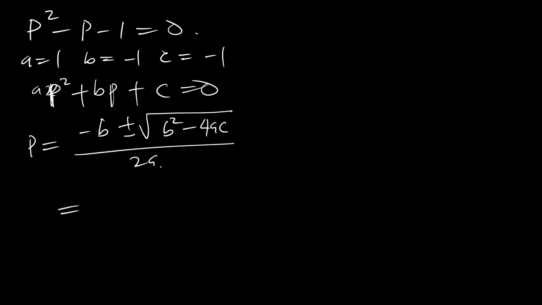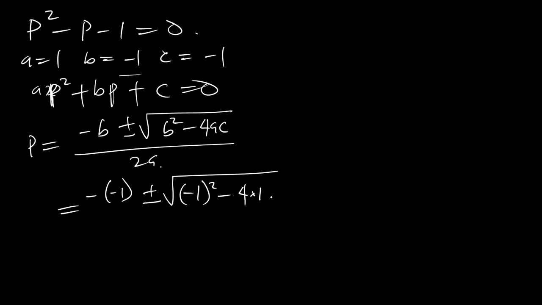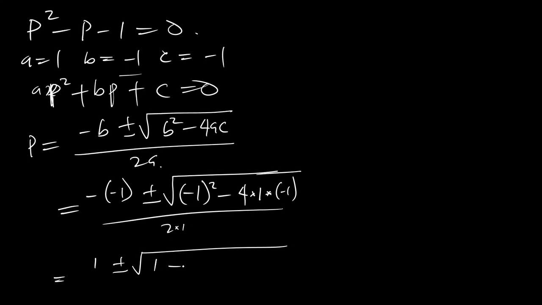So we have b to be minus 1, so you have minus times minus 1 plus or minus the square root of minus 1 squared minus 4 times 1, which is a, times c, which is minus 1, all divided by 2 times 1. So this will give you 1 plus or minus the square root of 1 plus 4, divided by 2.